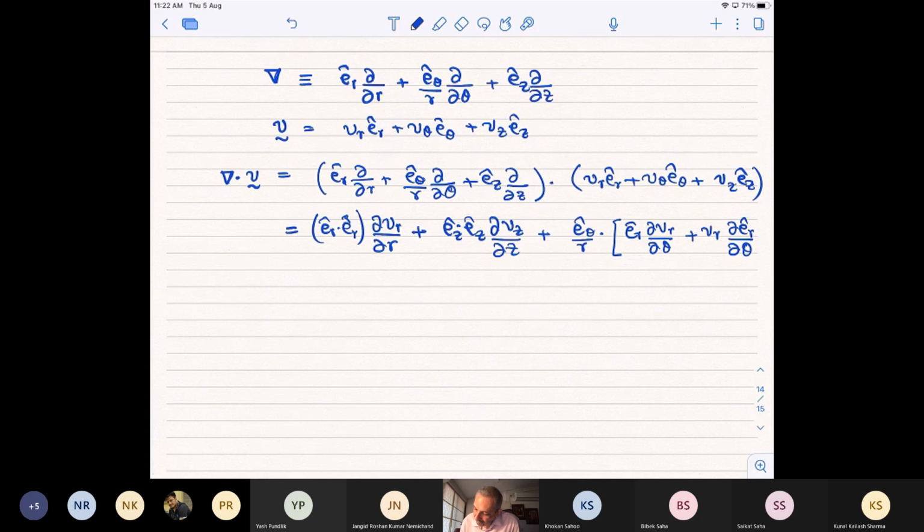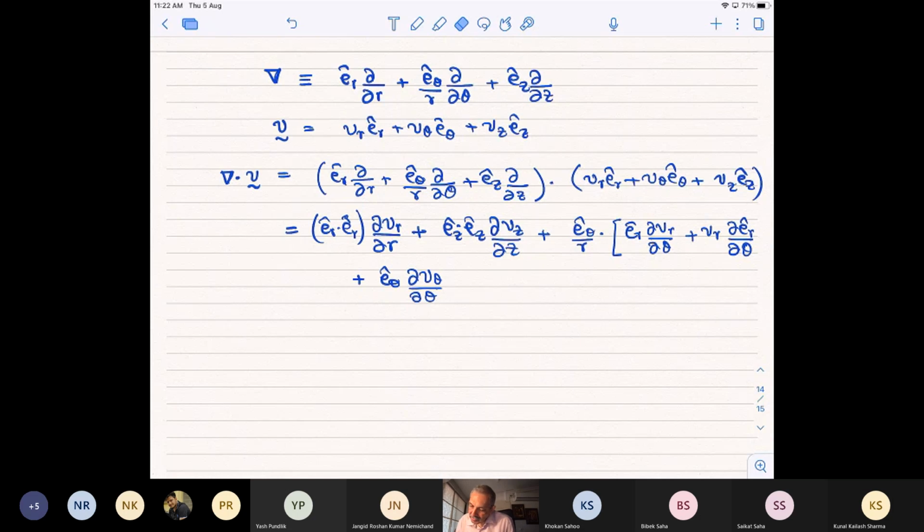And then for the second term, I'll write it here, plus again the derivative with respect to the scalar part, so I'll get E theta del V theta by del theta, and then I'll get a derivative with respect to the vector part. E theta by R is outside, so I'm just doing del by del theta.